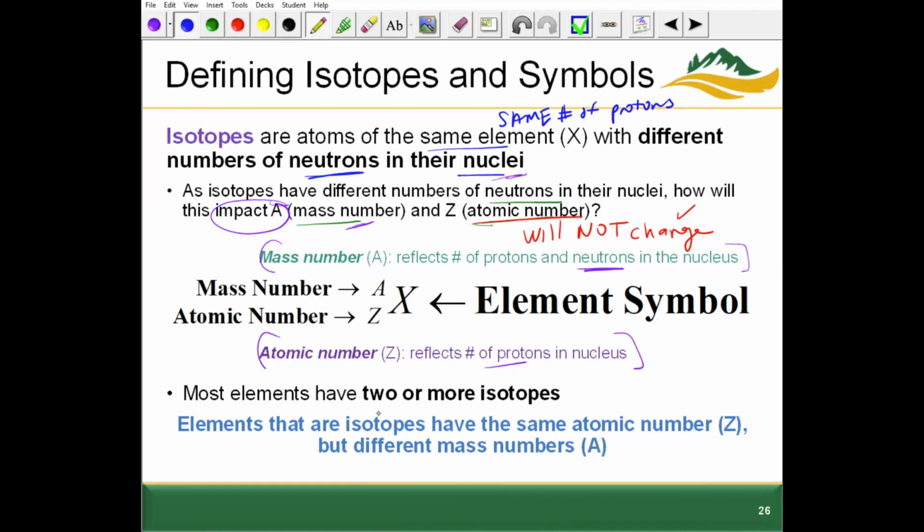Most elements have 2 or more isotopes that exist. A big takeaway here, elements that are isotopes have the same atomic number, same number of protons, but different mass numbers, which I should mention can be represented by an uppercase A. So mass number, atomic weight, atomic mass, or uppercase A, that will change when we have isotopes because we're changing the number of neutrons present in the nucleus.